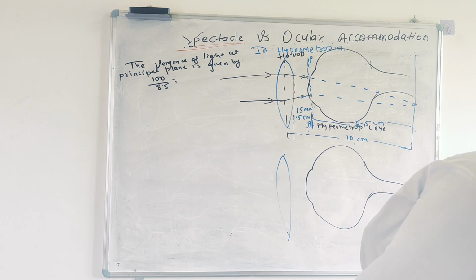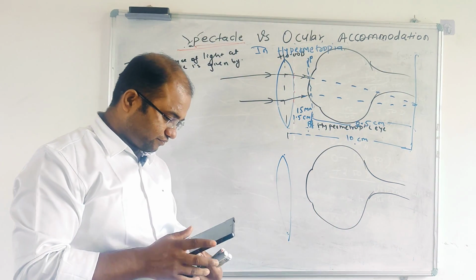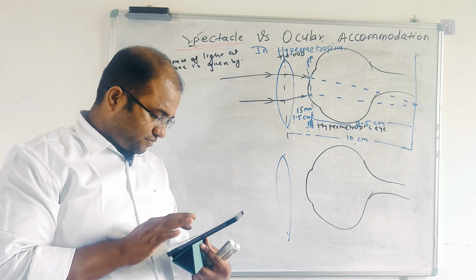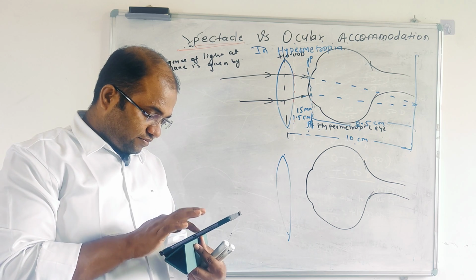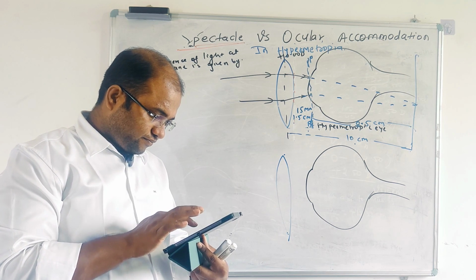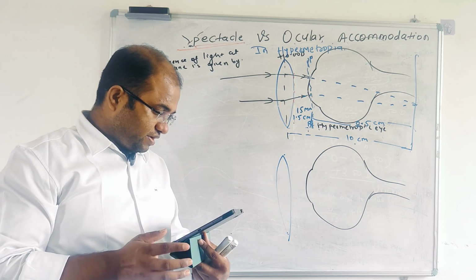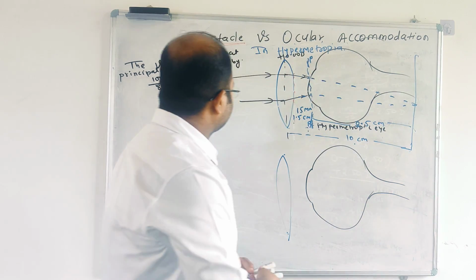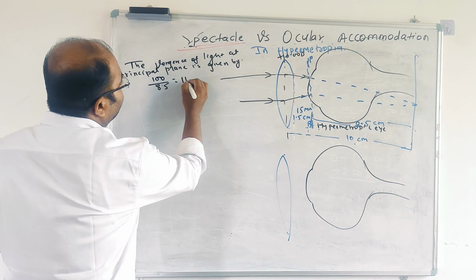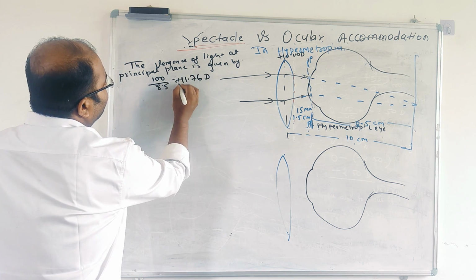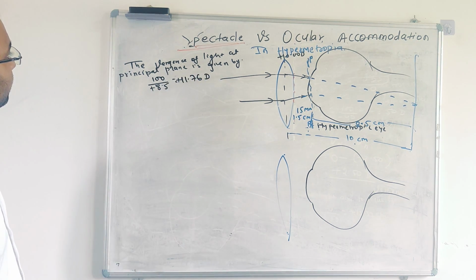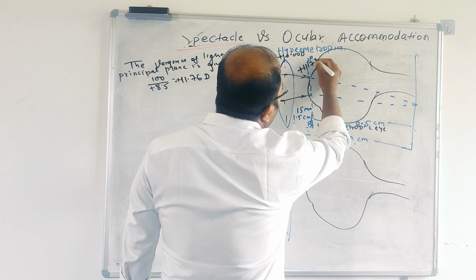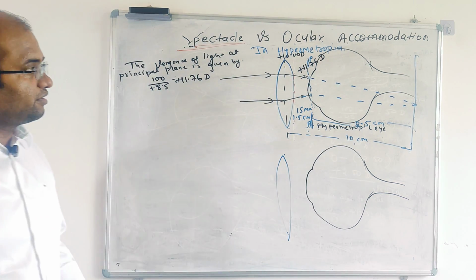Let me calculate this. 100 by 8.5 is 11.76 diopter, and this will be plus because this distance is plus. So at this plane we have a power of plus 11.76 diopter, right?